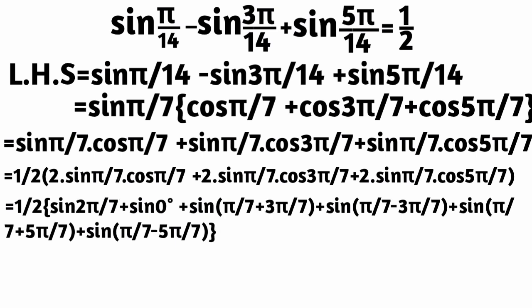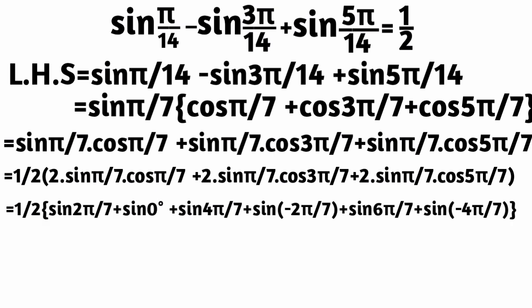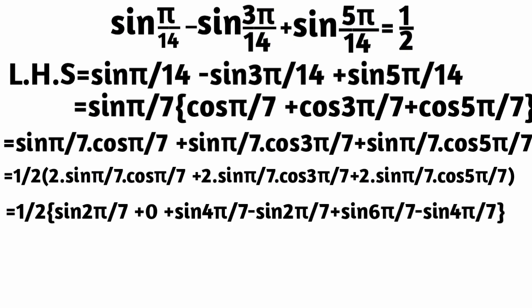Now by adding and subtracting all these terms we get the expression as you can see here. There are many terms which are equal but opposite in sign, so these terms will be cancelled out and we get only the term sin 6 pi by 7.